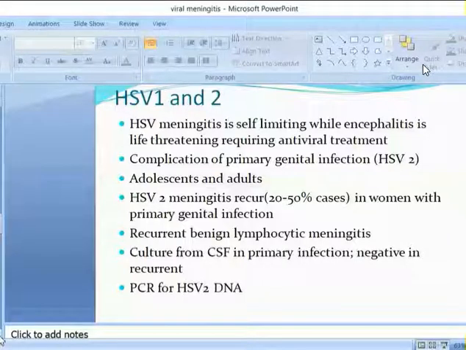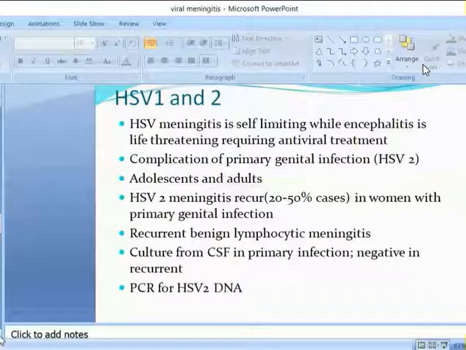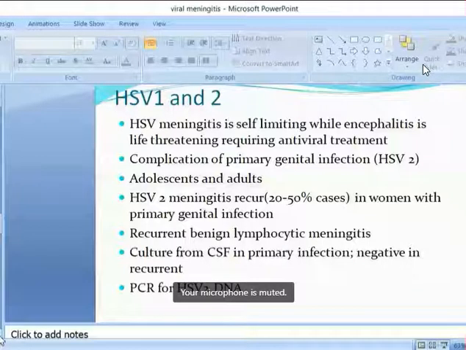But if it causes encephalitis, then it is life-threatening and requires extensive antiviral treatment. In encephalitis, the brain parenchyma is also infected. So although meningitis is self-limited, if it causes infection and inflammation of the brain parenchyma, it can be life-threatening.